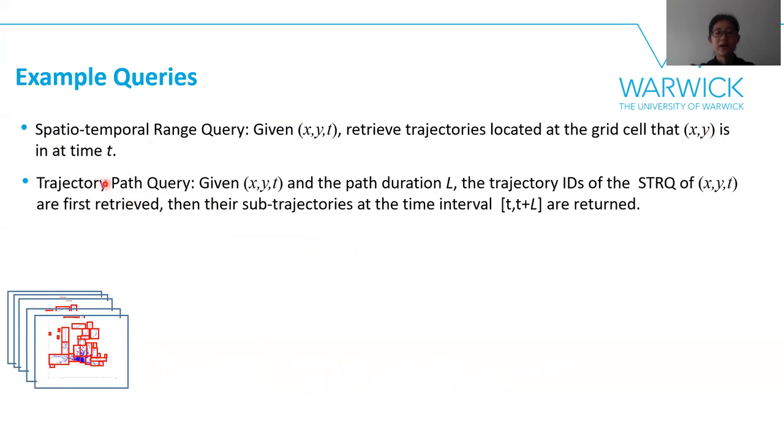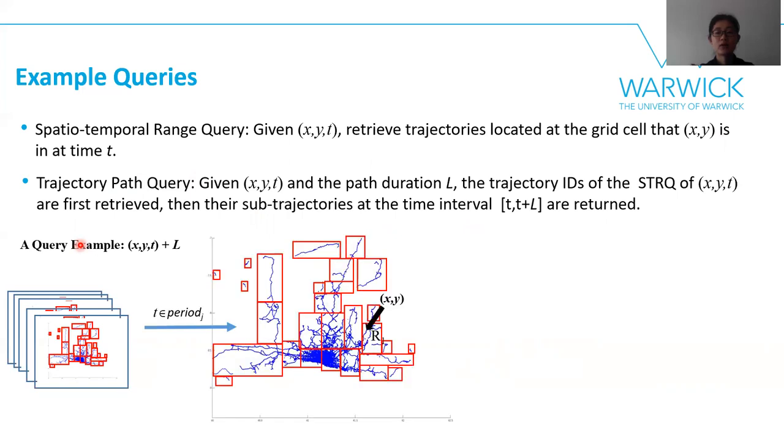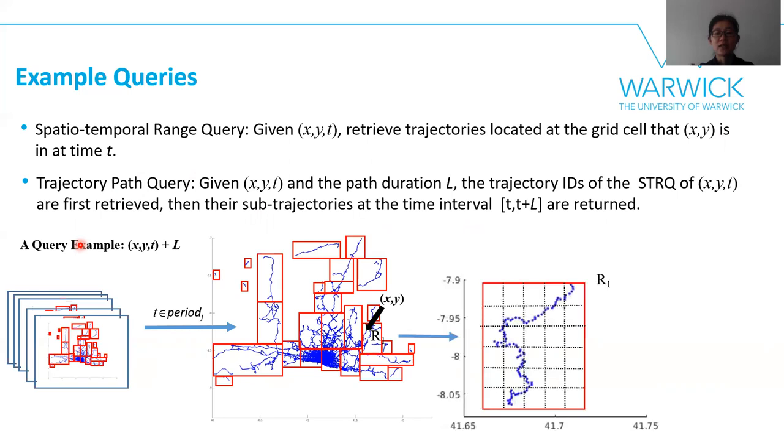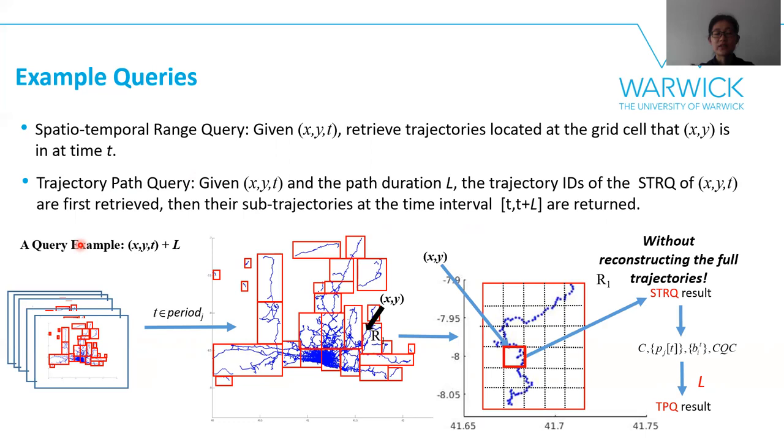Another query is the trajectory path query, which retrieves their following sub-trajectories after a given time. Here is a flowchart to show how the two queries are answered without reconstructing the full trajectories, only based on the summarization and our spatial-temporal index.